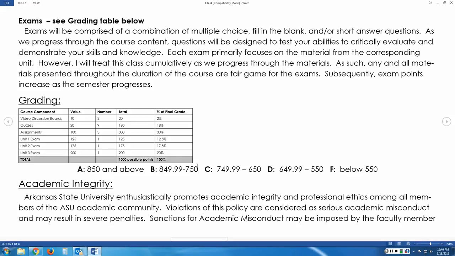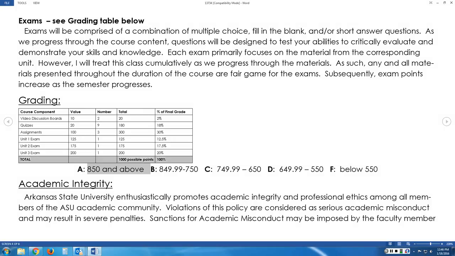Oh, before I go on, I do want to note something. The course itself is out of 1,000 points, but know that an 850 or above is considered an A. So in the traditional scale, 850 is actually 85%, which would otherwise be considered a B in most classes.